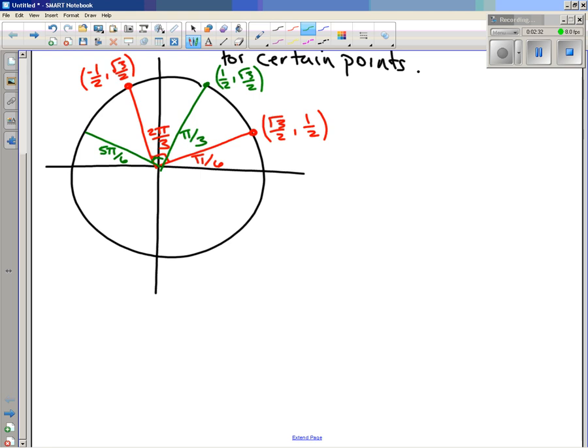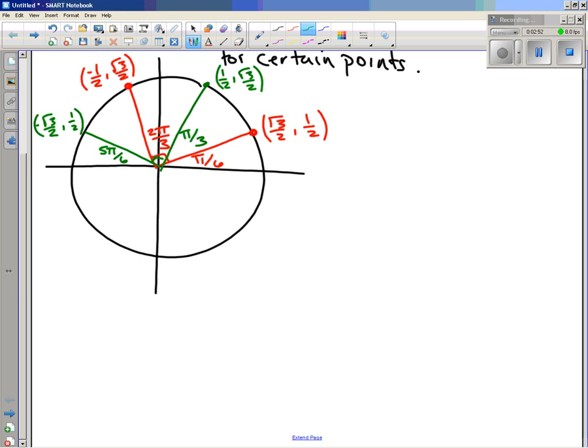And those coordinates are negative root 3 over 2 and 1/2. Does anybody notice anything between the coordinates in those ones that we've rotated 90 degrees? They've switched and went negative.